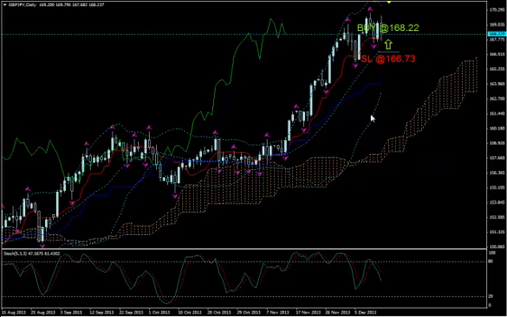The upper and lower Bollinger bands are getting closer to each other. Maybe we will have a consolidation phase for a while, a contraction of the Bollinger bands. It may happen in the next days of this trading week, but definitely the biases are bullish.